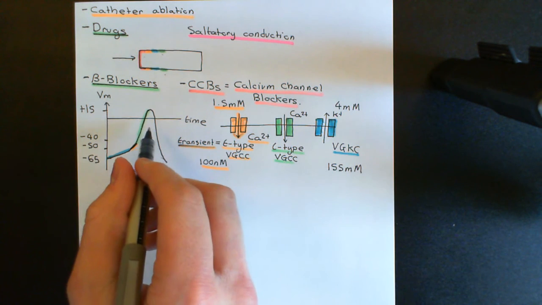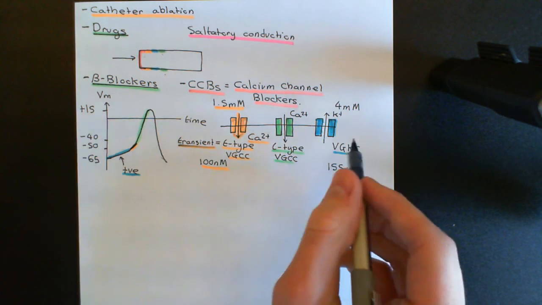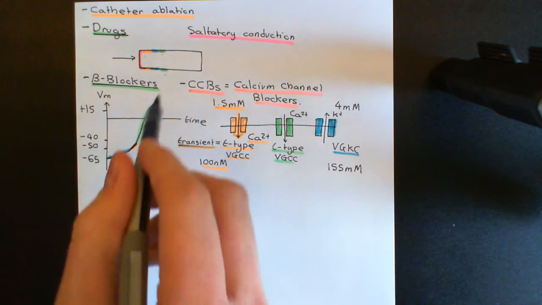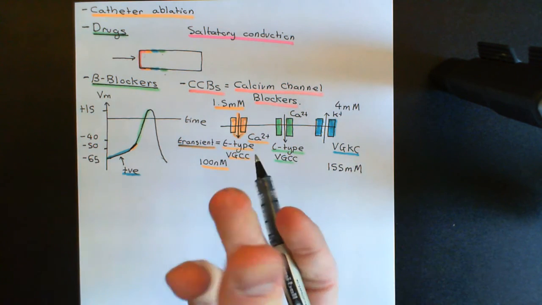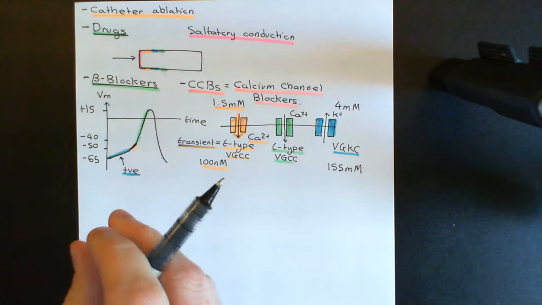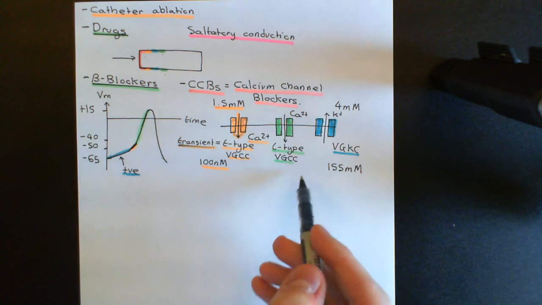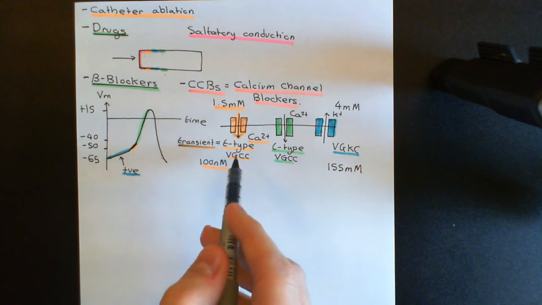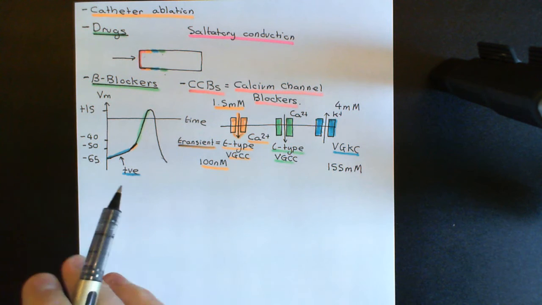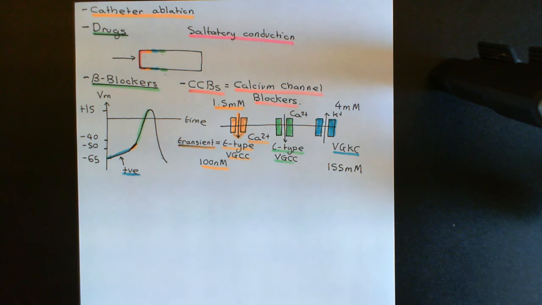Those that did inactivate up here will then de-inactivate and deactivate, so they'll undo the inactivation closure and then deactivate once you're back at negative 40 millivolts. The same for the voltage-gated calcium channels of both types. They'll start to de-inactivate and then go back into the resting state.